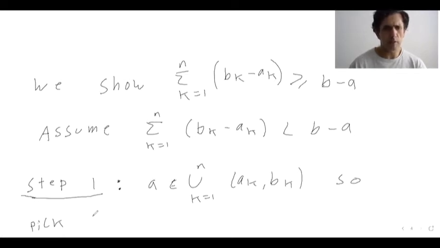I don't know if there's any particularly good notation to use, but let me call this a_k1, b_k1. This is a very special interval. It's one of these intervals here that contains the point a.